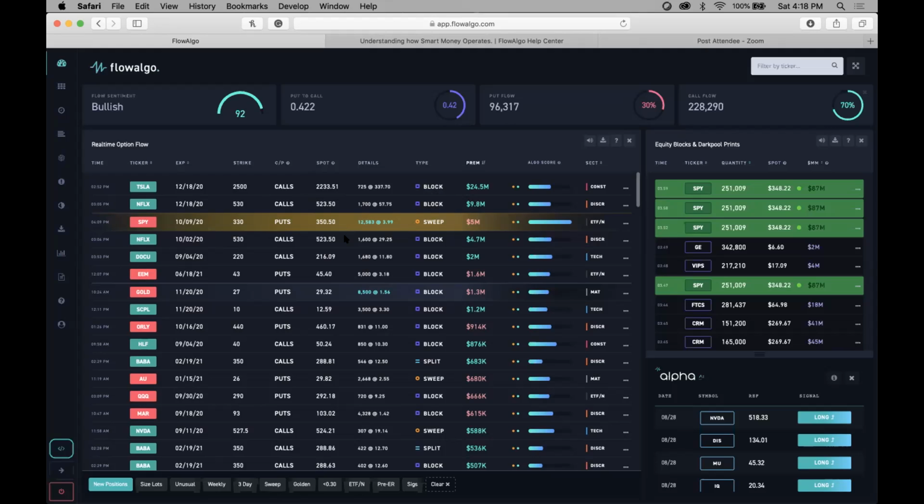So you have to use it as your own tool and figure out what you're going to use it for, because it's not going to just give you a straight buy signal to take trades.